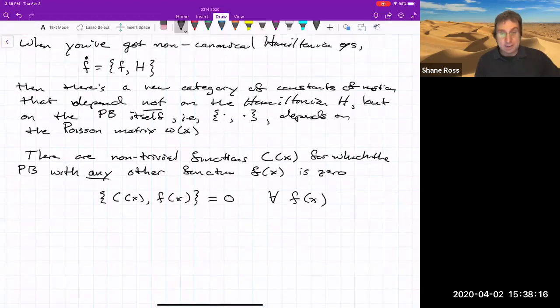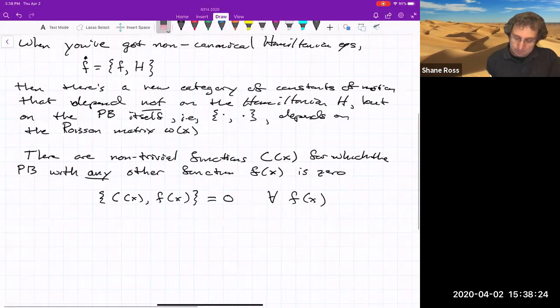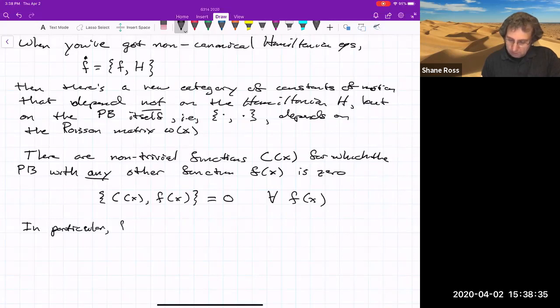In particular, if f happened to be the Hamiltonian, well then this is also equal to 0. And that implies that we have a constant of motion. F equals h gives zero.